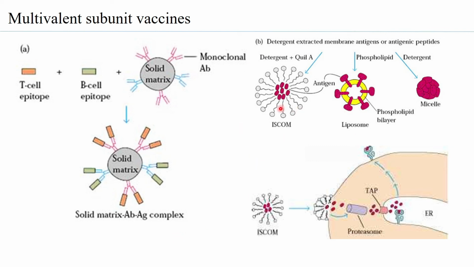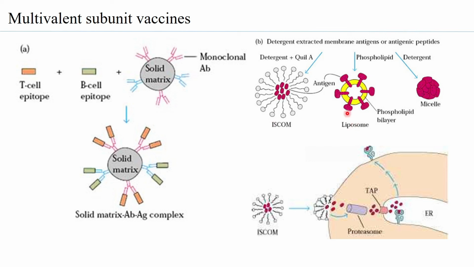Now, one can also use multivalent subunits in the form of micelles or in the form of liposomes. So these can be taken up by the cell. These can be degraded into smaller peptides and then expressed on the surface through MHC.